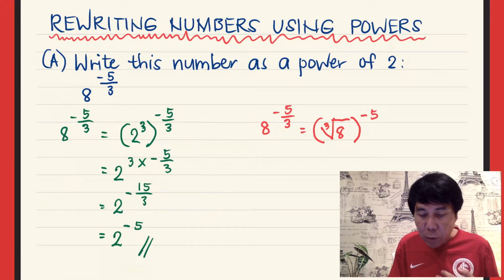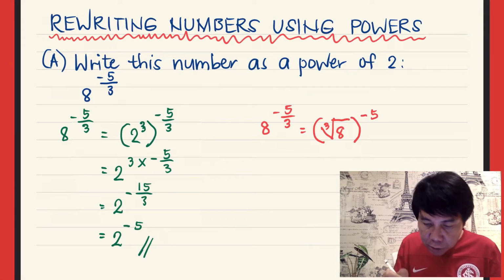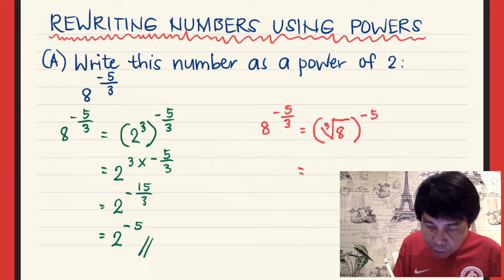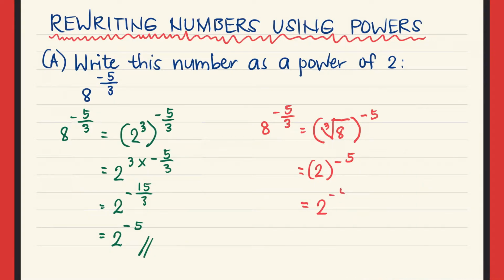Because we know that the cube root of 8 is 2, and our target is to make the base 2, we will have 2 raised to the power of negative 5. So therefore, the answer is 2 raised to the power of negative 5.